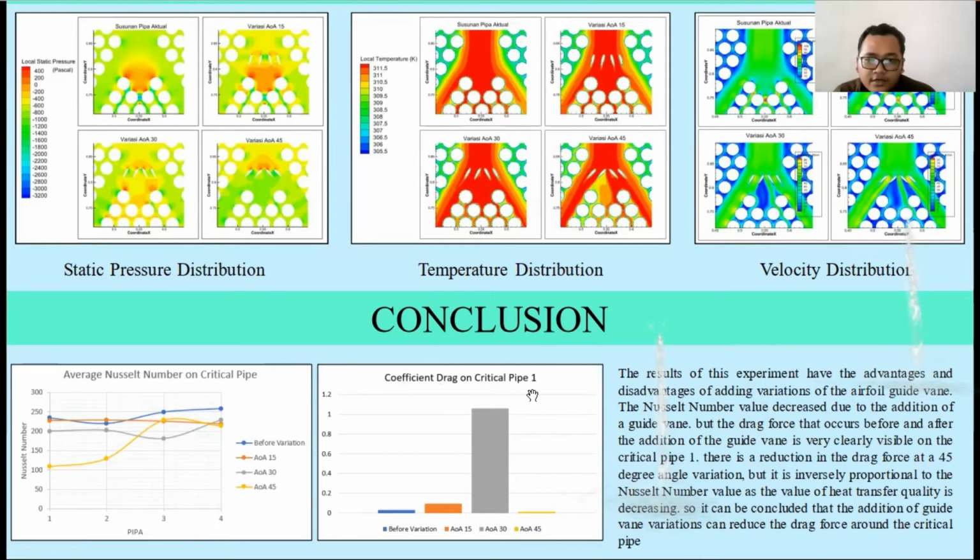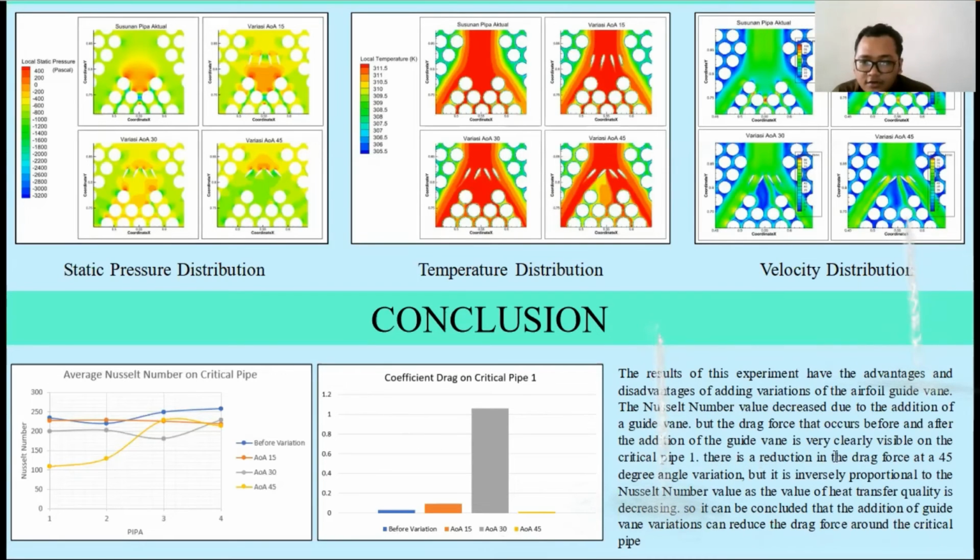I have a sample from the critical pipe, specifically pipe 1. Before the variation it has a very low drag force, and as you can see here, in the variation with angle of attack 45 it has a very minimal drag force.